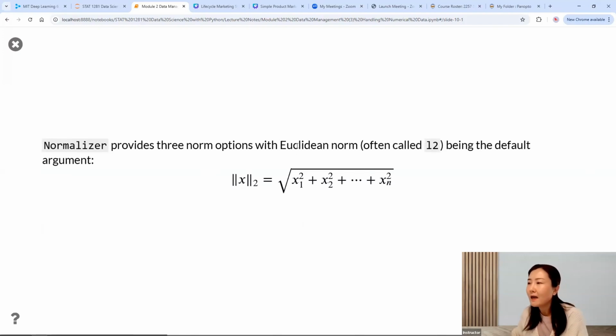There are different types of norms. The most commonly used one is the Euclidean norm. It's defined in this way: the square root of x1 squared plus x2 squared all the way to xn squared. Here x is a vector again.